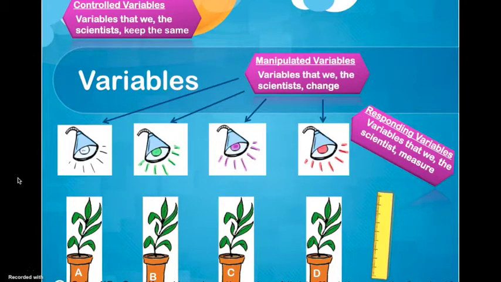Remember, we're looking at only the effects of the manipulated variable on the growth of the plant, right? So we only want to know what light does to the growth of a plant. And if other things in my experiment are different from plant to plant, then all of a sudden my data could be off. It could be lying to me. For example, if I don't keep controlled variables the same, I might water plant A more than I water plant B, or more than I water plant C or D.